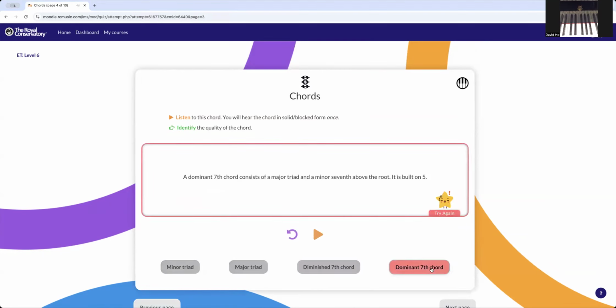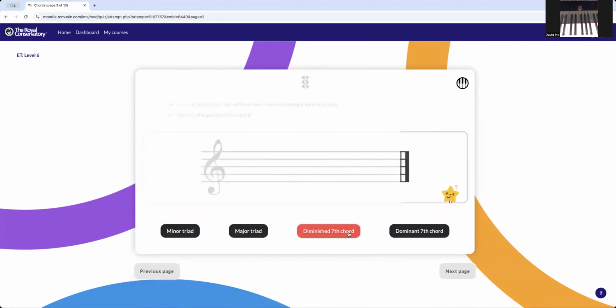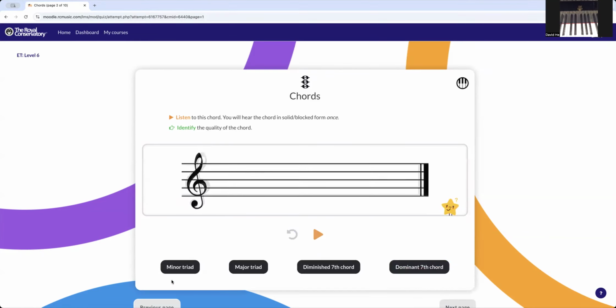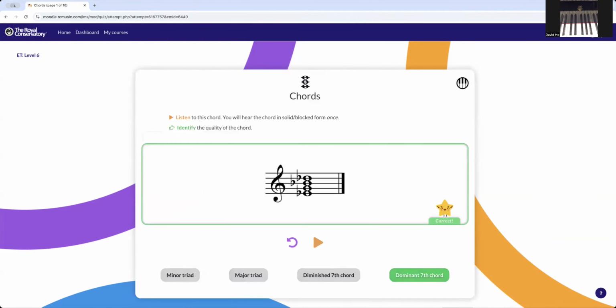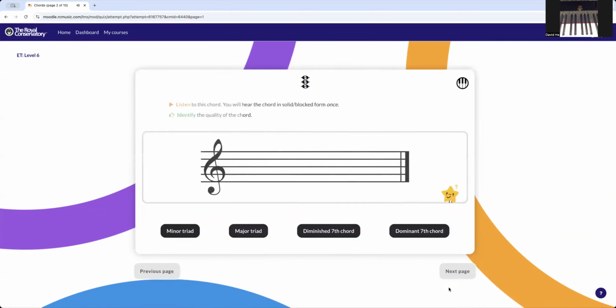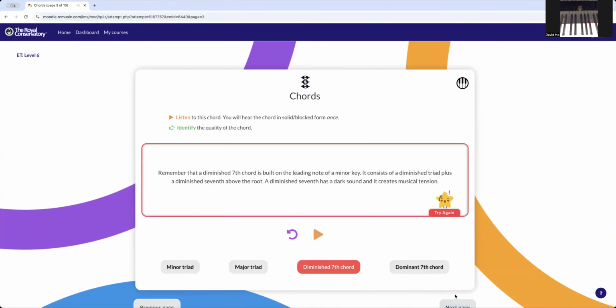Is this one dominant seventh? No. This one? No. Oh, this one is dominant seventh. This one dominant seventh, right? This one is dominant seventh. Okay, and let's go back to the diminished sevenths and listen to it again.